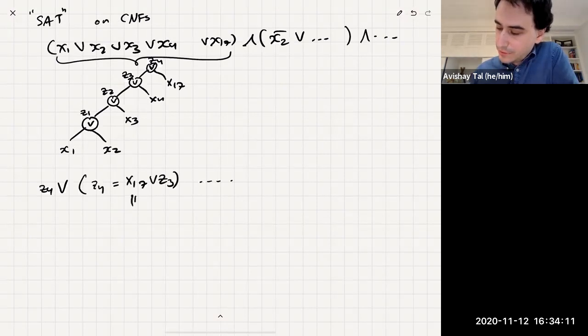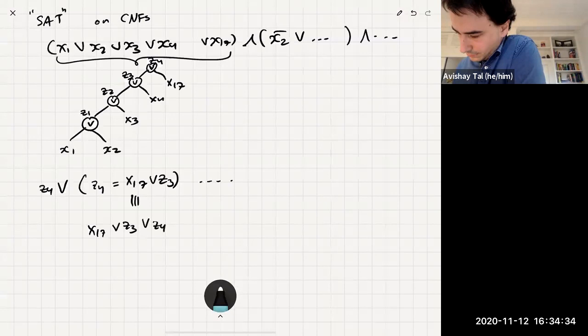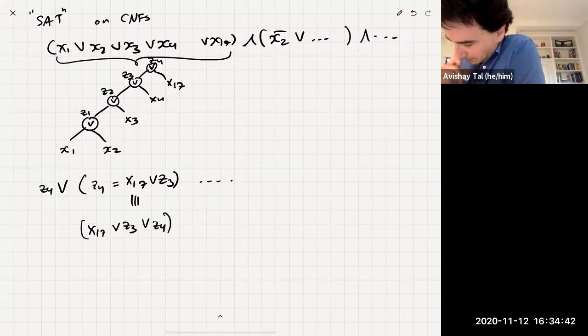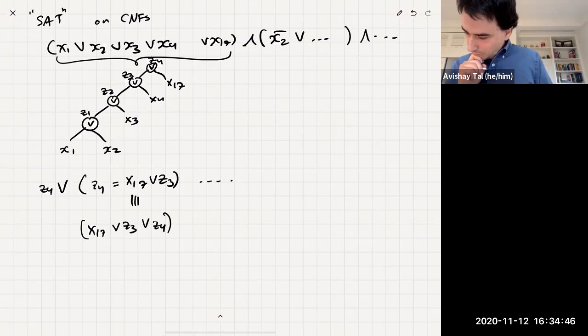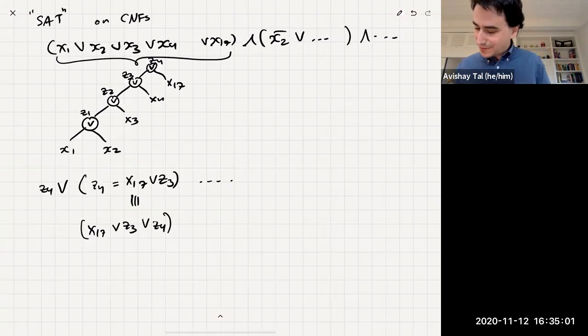And this is equivalent to saying that if X17 or Z3 is true, then... Okay, so I might have some details missing, but in any case, when you open it up, there's a very nice expression that you would get. Maybe let me do some dot dot dot.